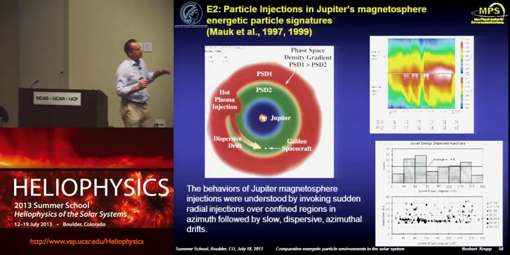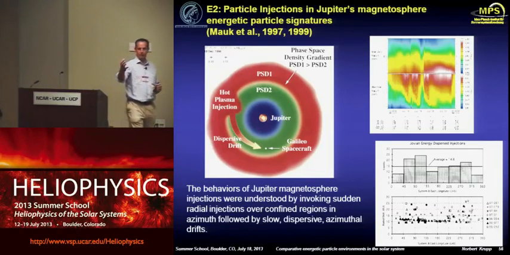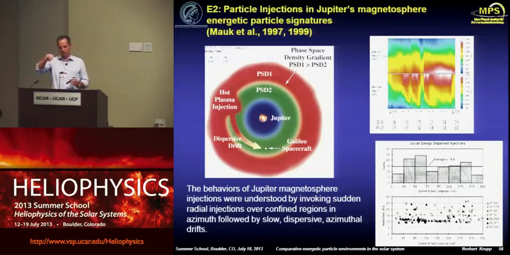So there's something which is still being debated, but with Cassini we also found that most of those particle injections are coming through the tail region, and then they are doing multiple orbits in the magnetosphere, so sometimes it's not easy to distinguish if they have done one or more rotations in the magnetosphere before they have been detected by a single spacecraft.